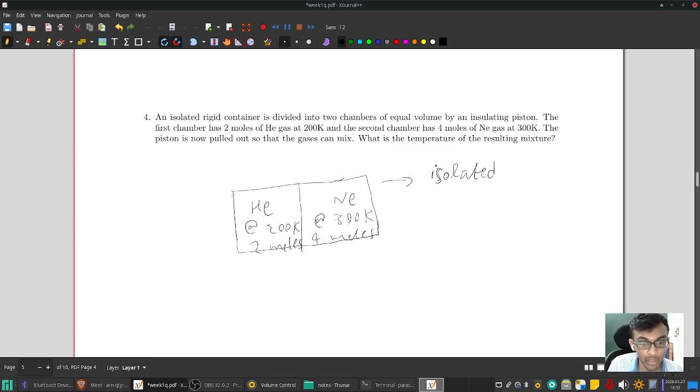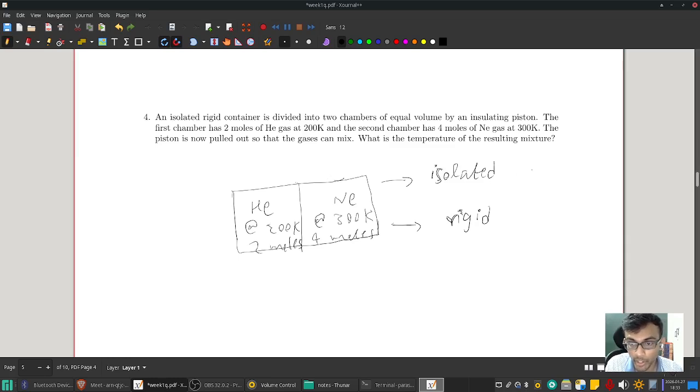But this whole system of these two gases combined cannot exchange heat with anything else. And also it is a rigid container, so the volume of the container stays fixed. So there is no expansion or contraction of any of the boundaries.